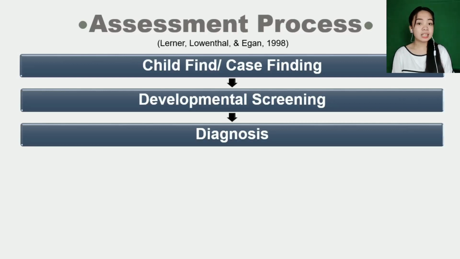The diagnosis is conducted by members of a multidisciplinary team. Members of the multidisciplinary team could include a speech or language pathologist, a specialist in hearing such as an audiologist or otologist who evaluates hearing loss, and psychologists to determine how the child's development relates to language acquisition.